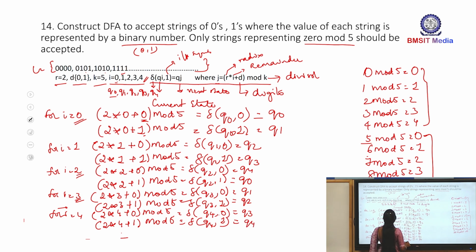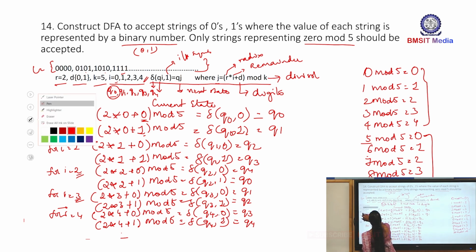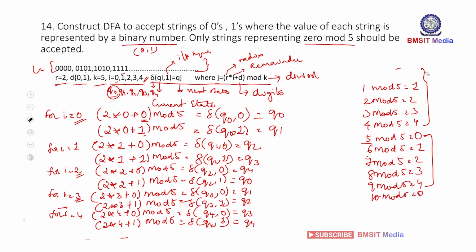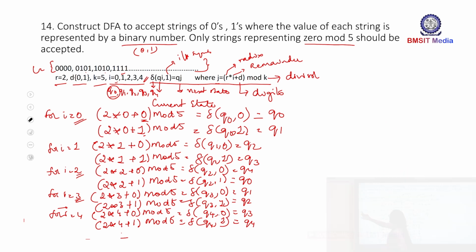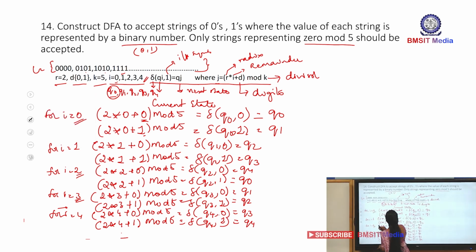Only thing is, every remainder here actually indicates a state. In this case, we have 5 remainders, so we have 5 states. So this is how the transition is computed. And to draw the DFA, let's begin from the state Q0.